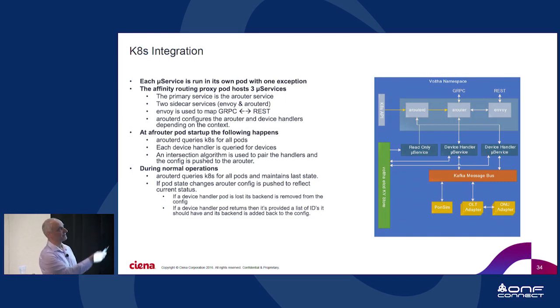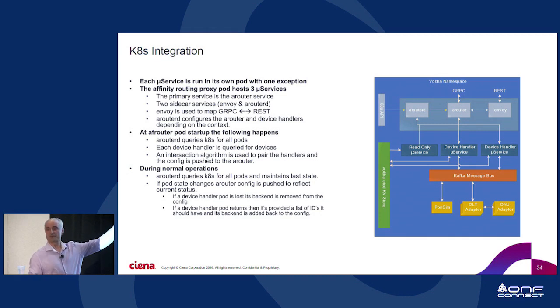So the Affinity Router daemon and Envoy are sidecars that are used for different purposes, along with the Affinity Router daemon. So as I said earlier, what ends up happening is that the daemon is responsible for configuring the router based on the environment. So what this means is that if you don't want to use Kubernetes as your container management system, you can use anything.